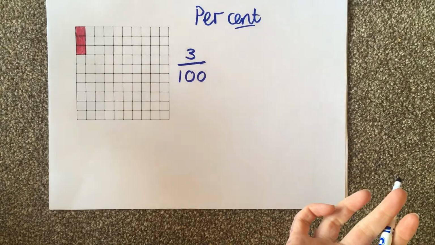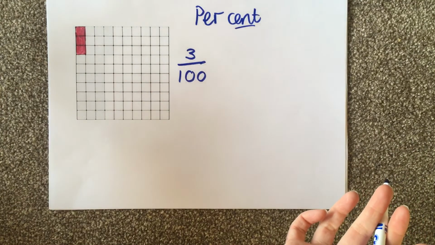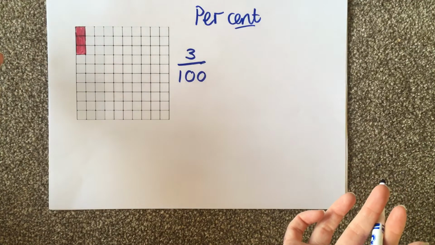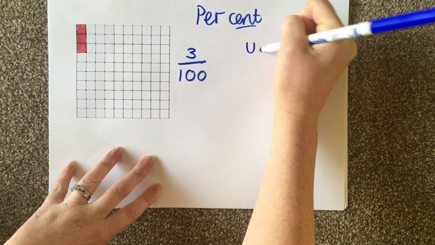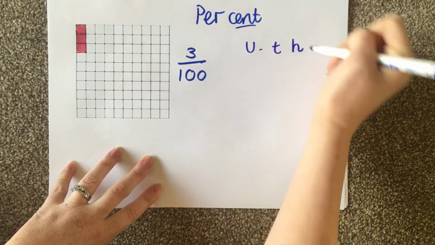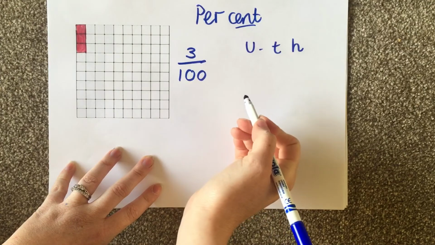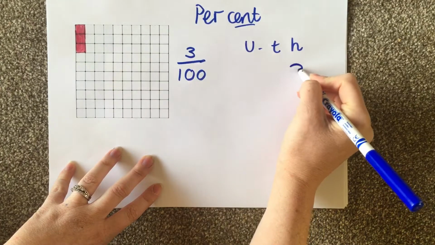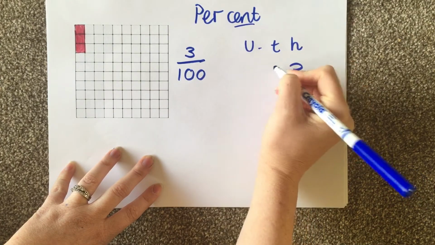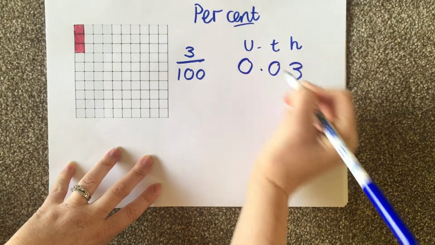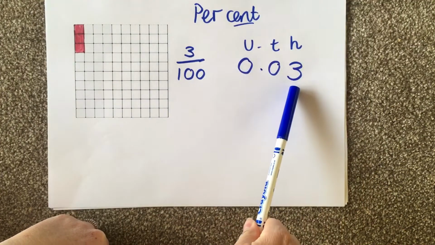So you could probably think to yourself, what would that be if I was thinking of a decimal? We've just seen a minute ago that when I think of a decimal in terms of my place value, I can think of it as 3/100ths, like this, 3 in my hundredths column with nothing else. So there I've got 0.03.